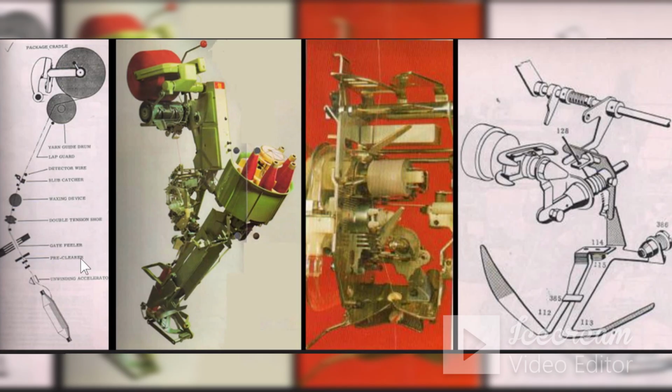This pre-clearer is a mechanical slit type of yarn clearer. Next element is the gate filler.